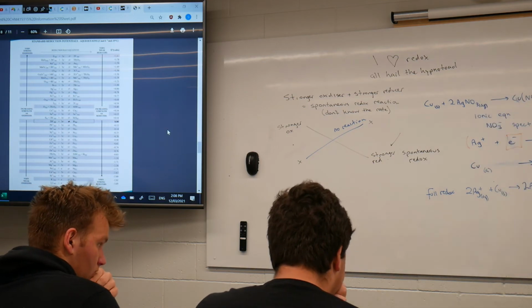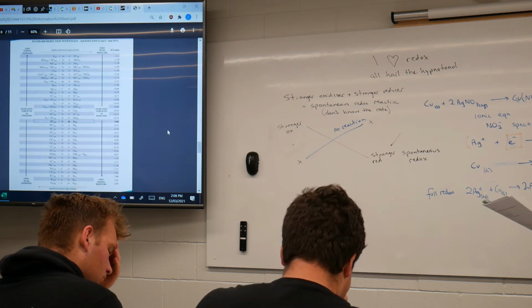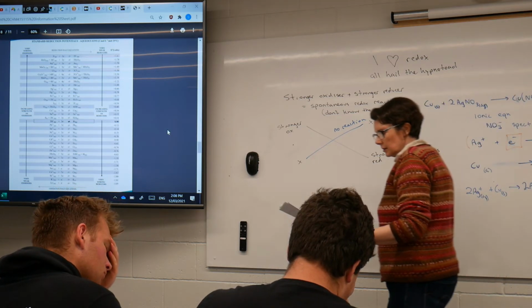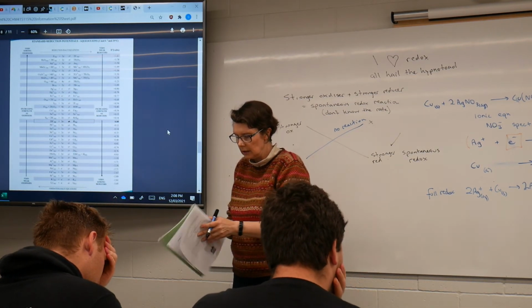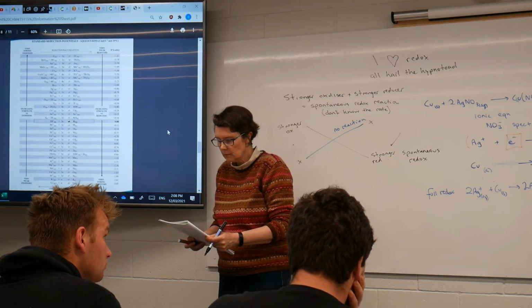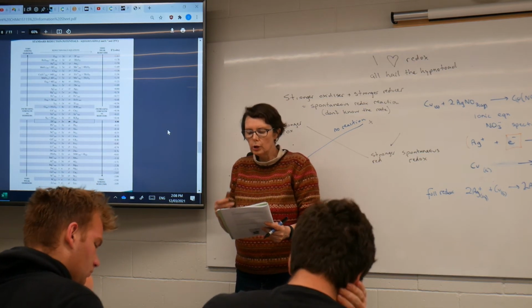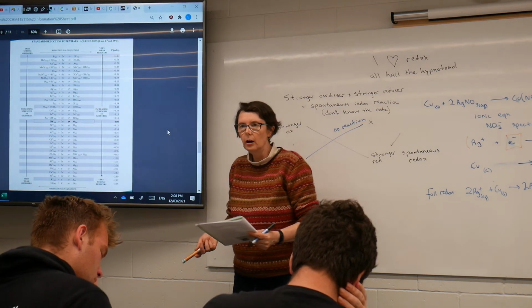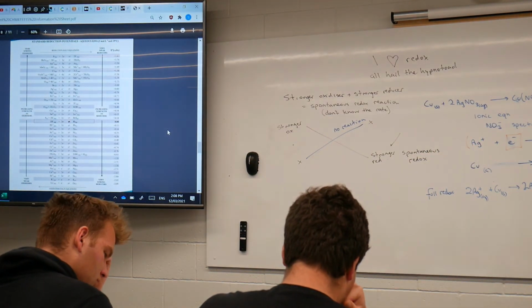Okay. So, yeah, in that example there, there's a 2 missing off the last silver too. So don't worry about the spectator ions for our solutions.